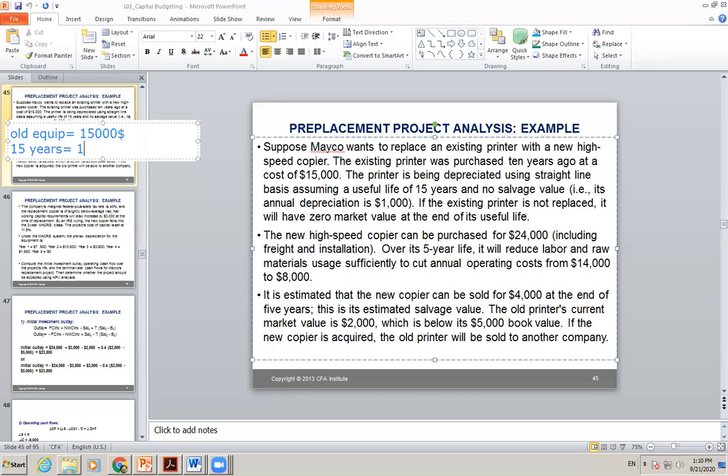Which means for 1 year, you will have depreciated your equipment by 1,000.